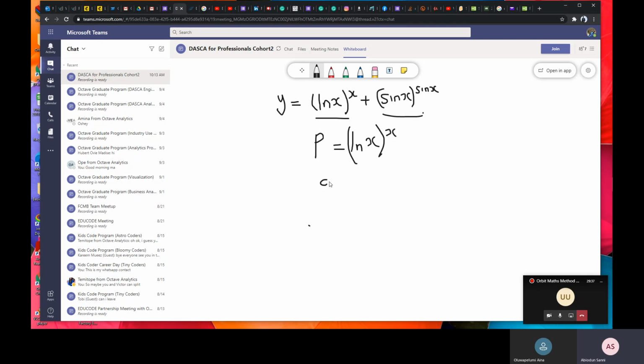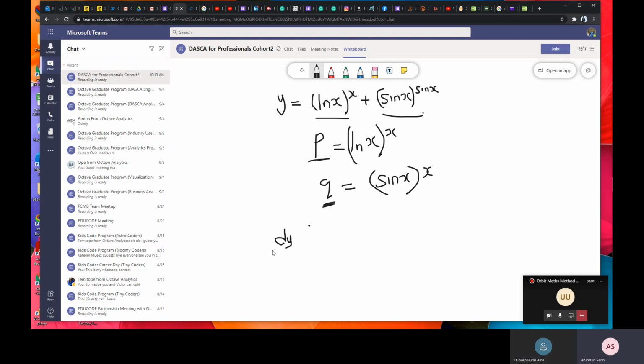And let q be (sin x) all raised to power x. By the time we differentiate each with respect to x, we just add the answers together so that we can have dy/dx.